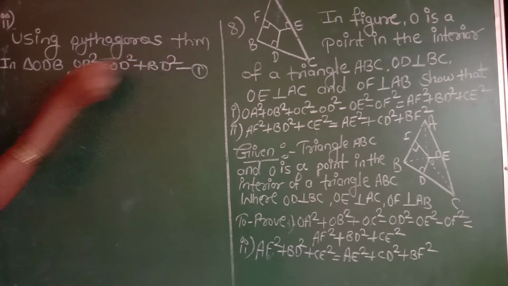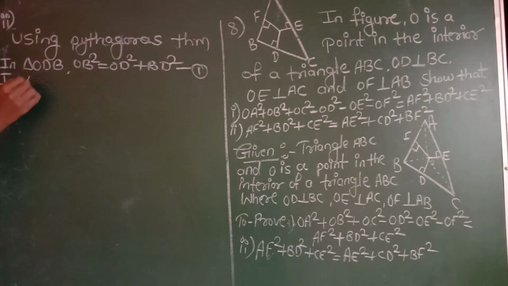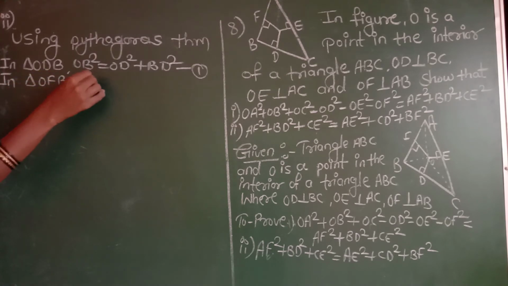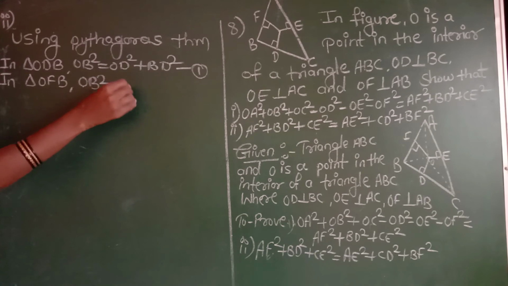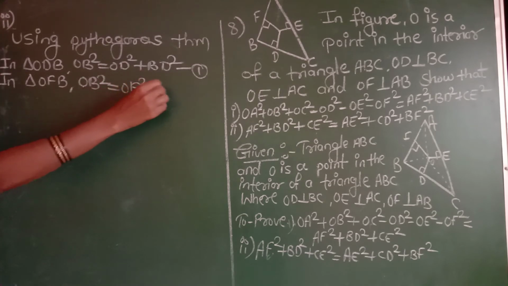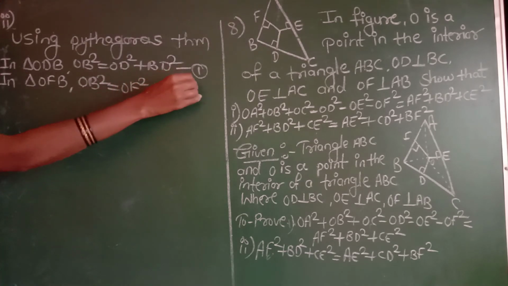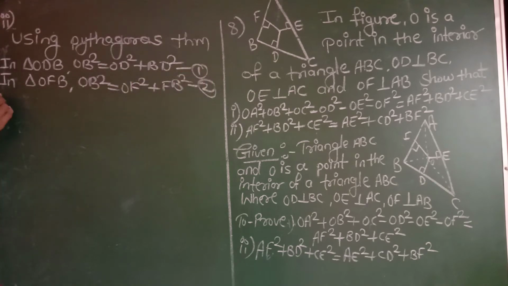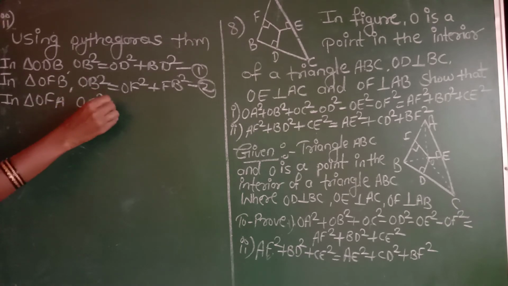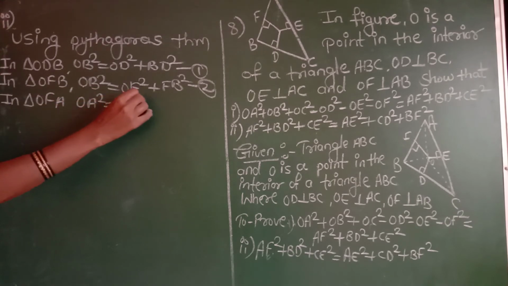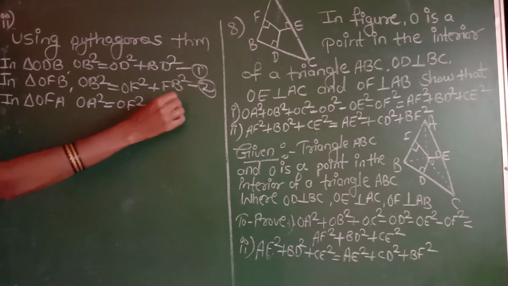This is the first one. Next, in triangle OFB, OB square is equal to OF square plus FB square. This is the second one. Next, in triangle OFA, OA square is equal to OF square plus AF square.